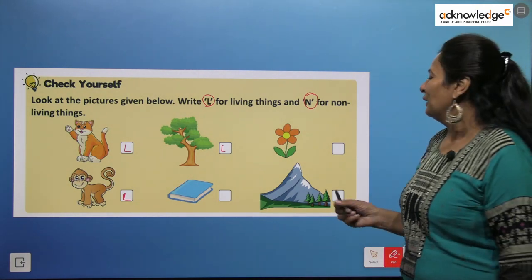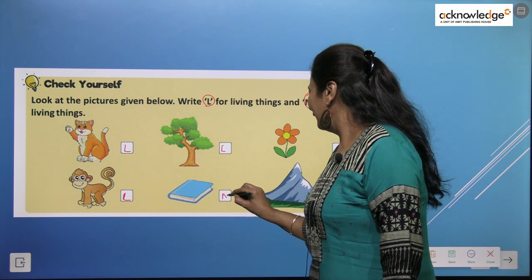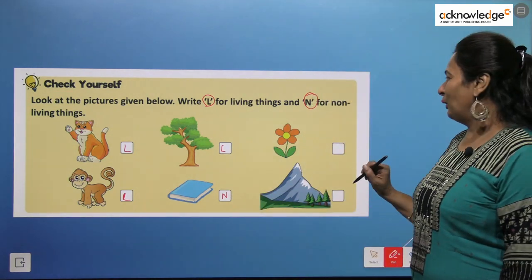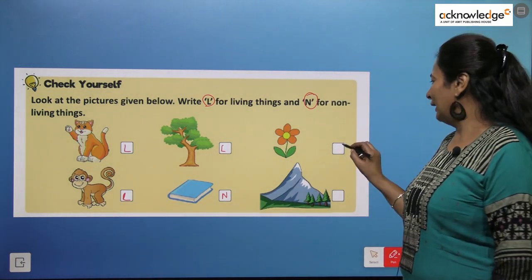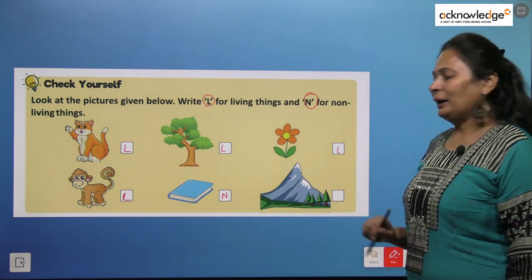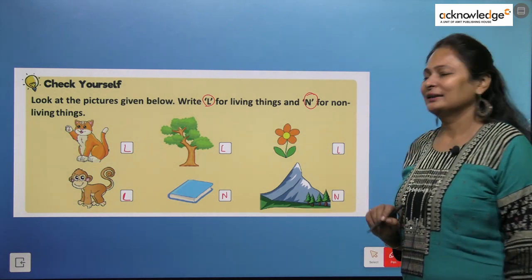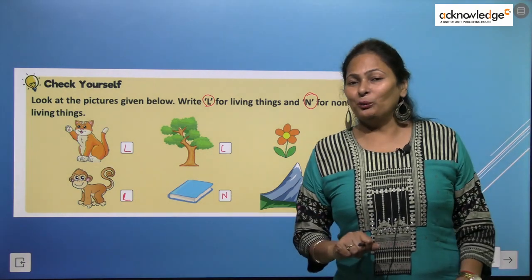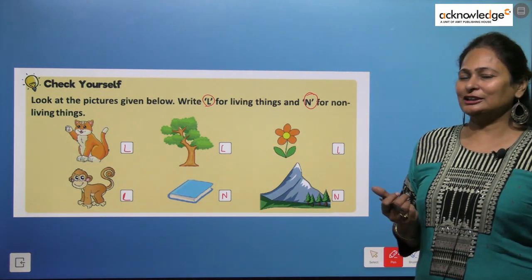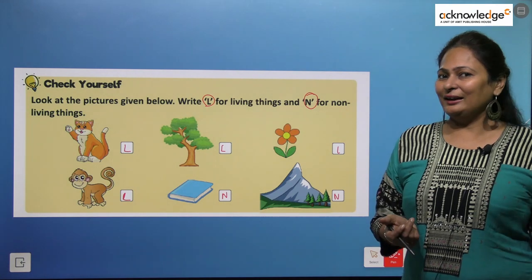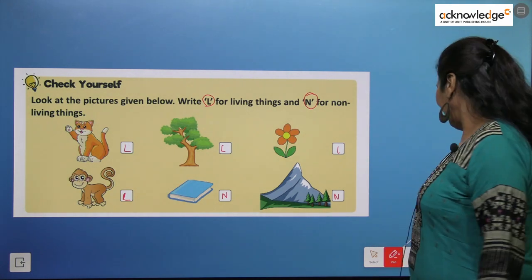It is a non-living thing. Flowers or plants, right? Again, living. And mountains are non-living things. You have understood it well, kids. Now you can differentiate the things, whether they are living or non-living things.